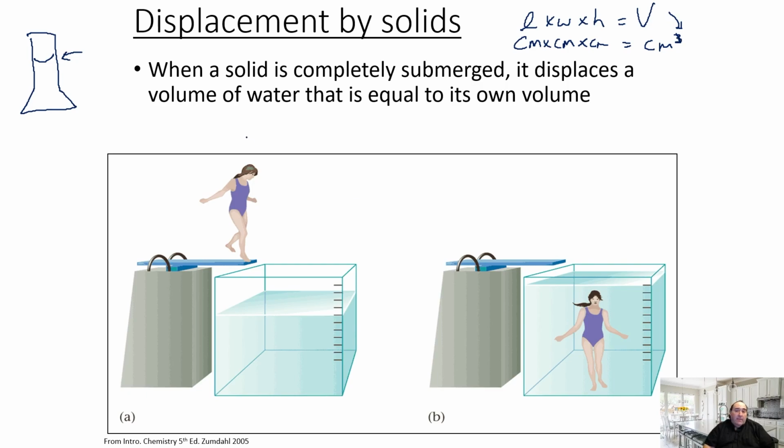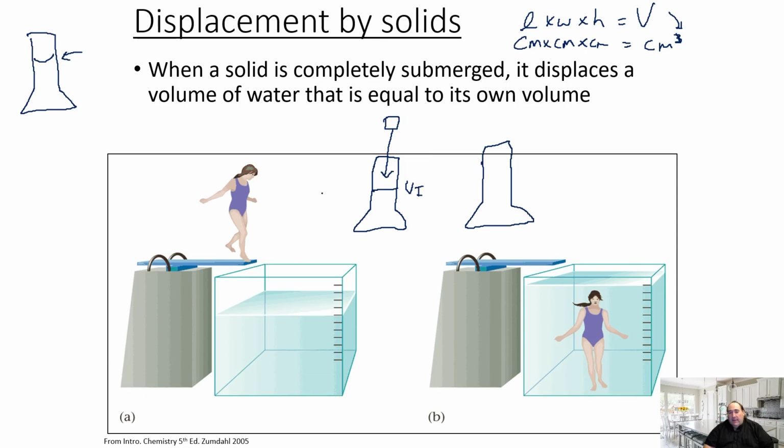Now, another very common way to get the volume of an object is volume by displacement. So the idea of volume by displacement, for example, if we filled a graduated cylinder up with a certain amount of water and we take a solid object and we drop it in, what is going to happen to the volume of the liquid?